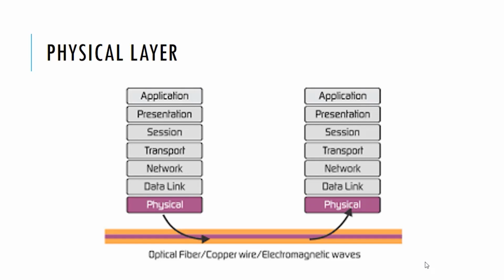It is either through optical fiber or copper wire or electromagnetic waves in the wireless media that transmits a stream of bits and bytes from the physical layer here to the physical layer there to represent the data of zeros and ones being sent from the sender to the receiver.